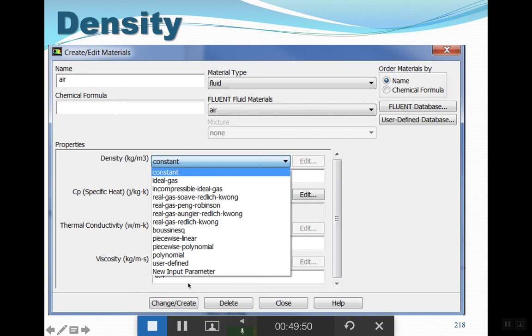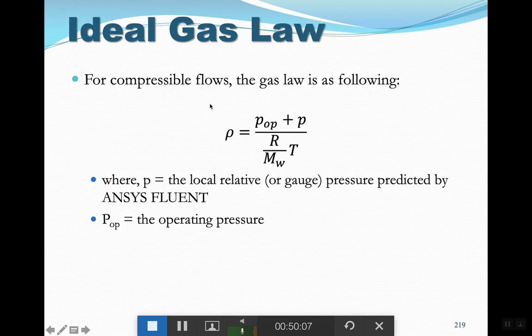The answer is no. The value by default is 0. So remember, always remember to put a value for beta, activate gravity, and of course change the density model to Boussinesq.